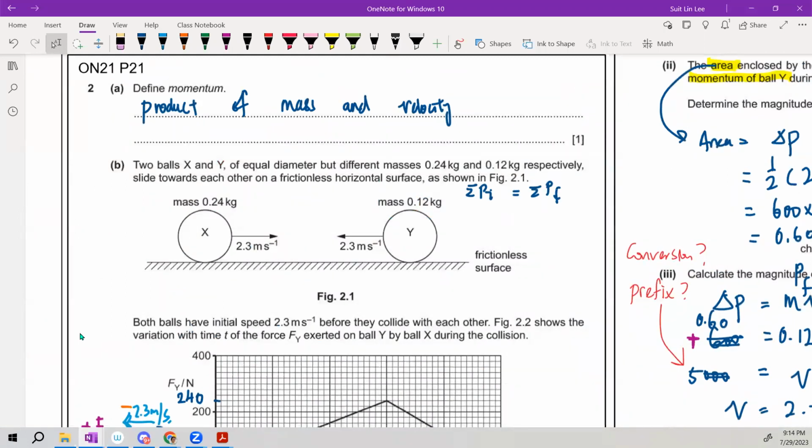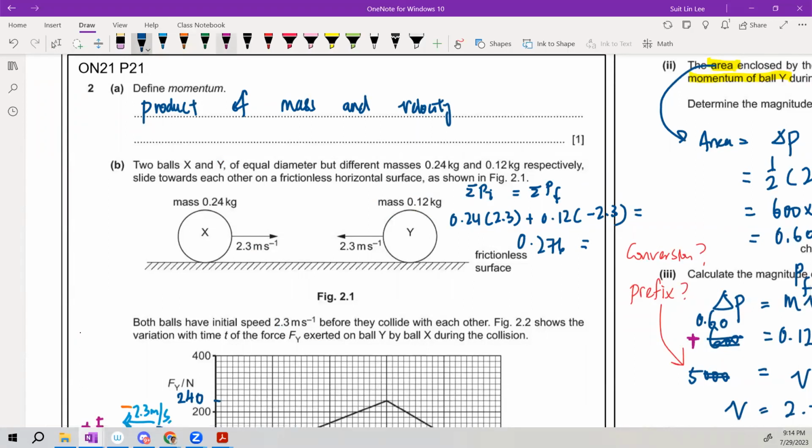So the initial momentum is 0.24 times 2.3 plus 0.12 times negative 2.3. This will make 0.276 on one side.